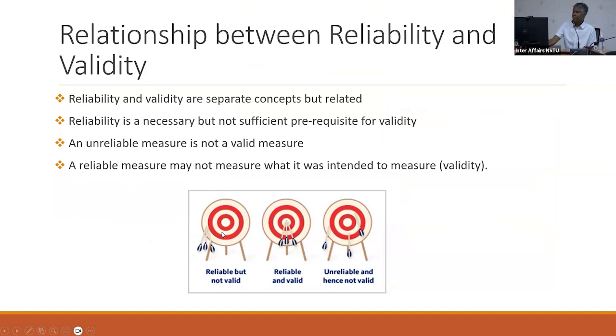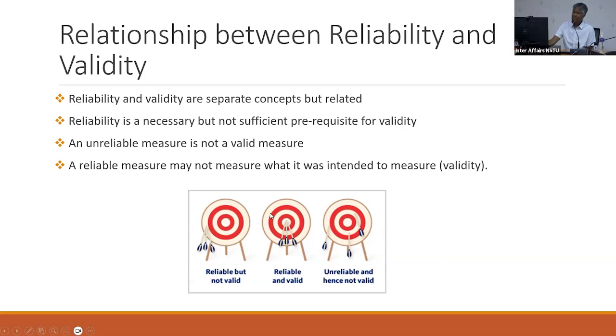Okay? So here's a picture of what we were just talking about. So picture number 1 here is an example of a measurement instrument being reliable but not valid. Valid is if it captures the middle point here as an example, right? That's where the key construct is. So this is reliable. All the scores are clustering together, but it's not valid.